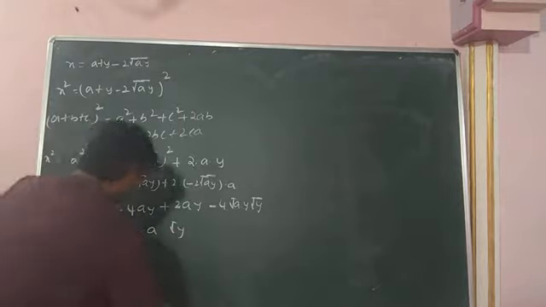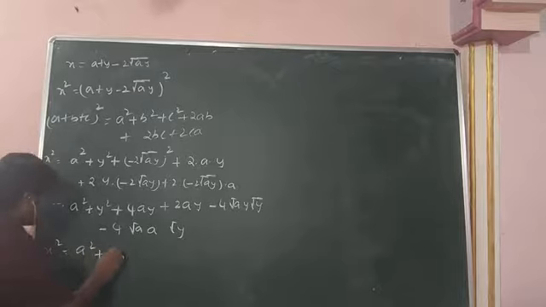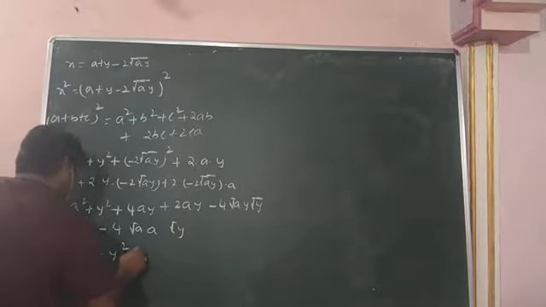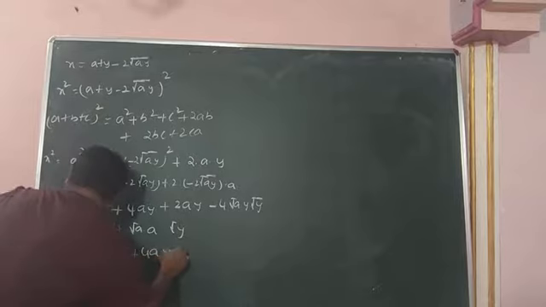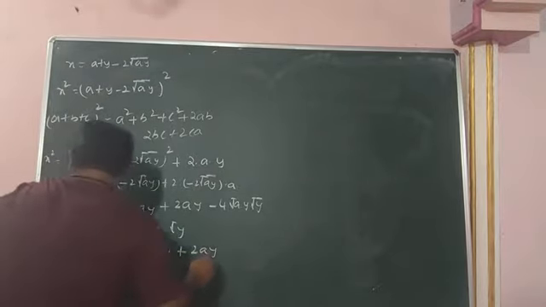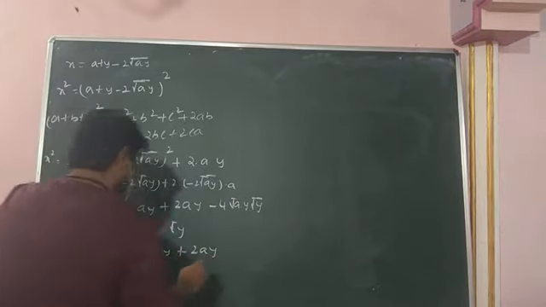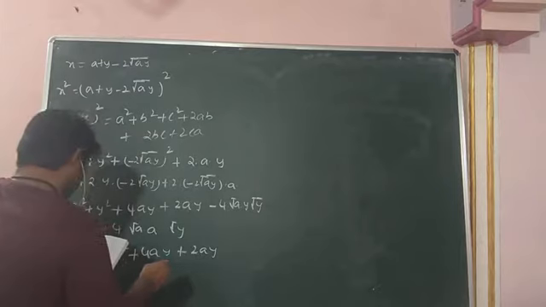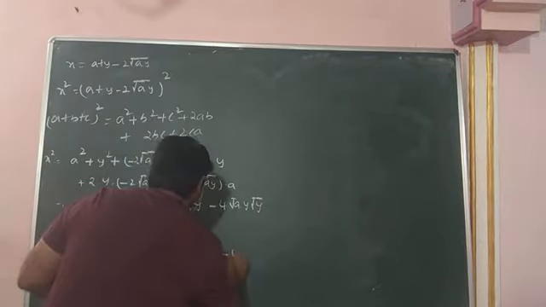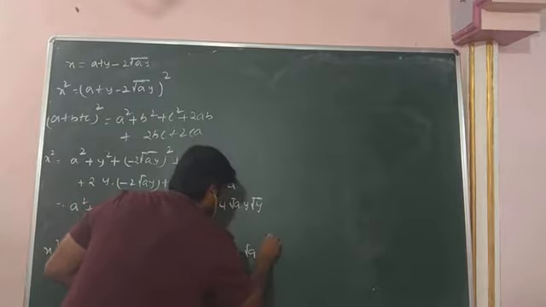So therefore we get x square is equal to a square plus y square plus 4ay plus 2ay minus 4 root a into y power of this value, which is equal to y power of 3 by 2.